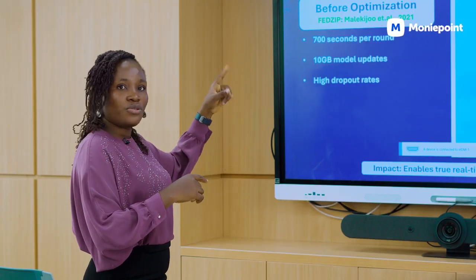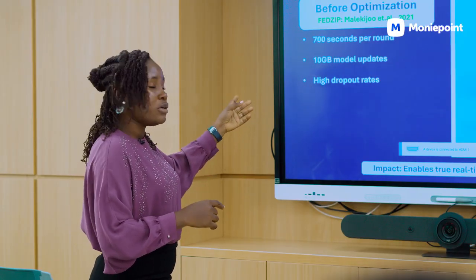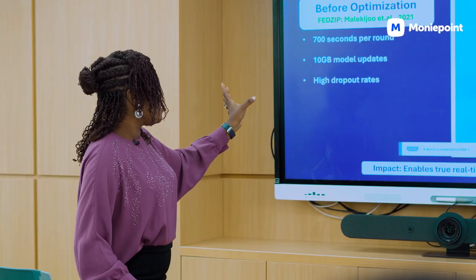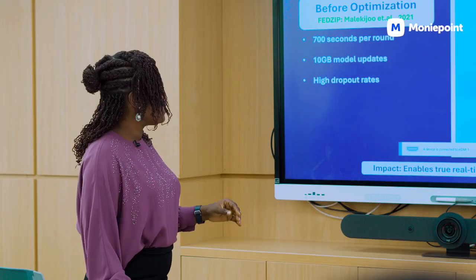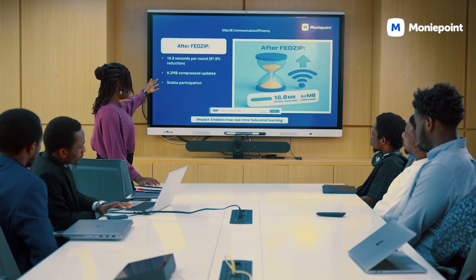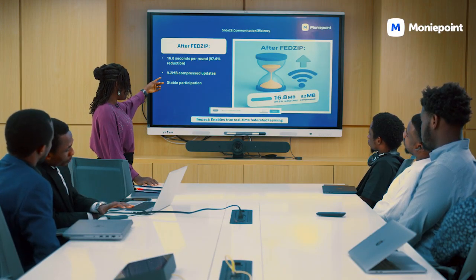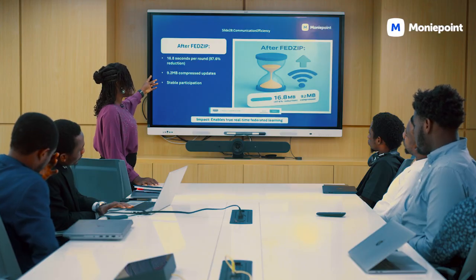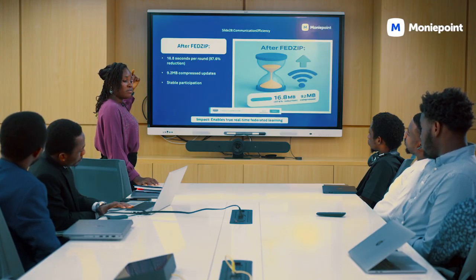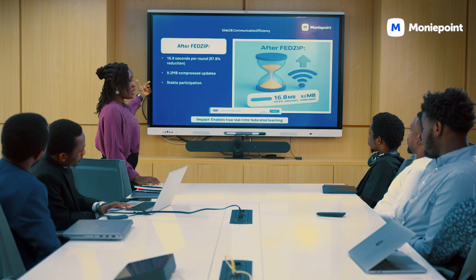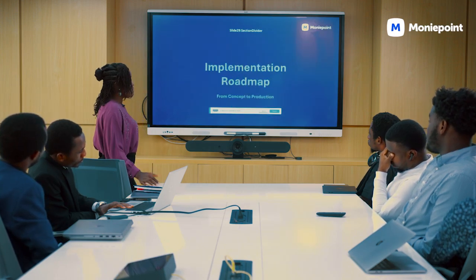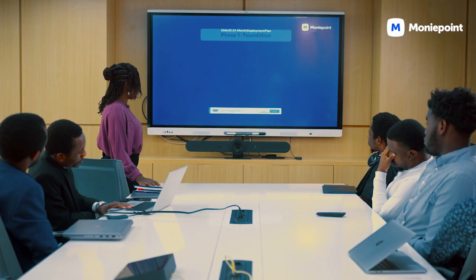So each round took 700 seconds and 10 gig, that's the weight of the model updates being sent to the global cloud. Then high dropout rates. When they implemented their method, it reduced to 16.8 from 700. Then also the model updates from 10 gig to 9.2 MB. Then scalable participants, that means it can accommodate more clouds.